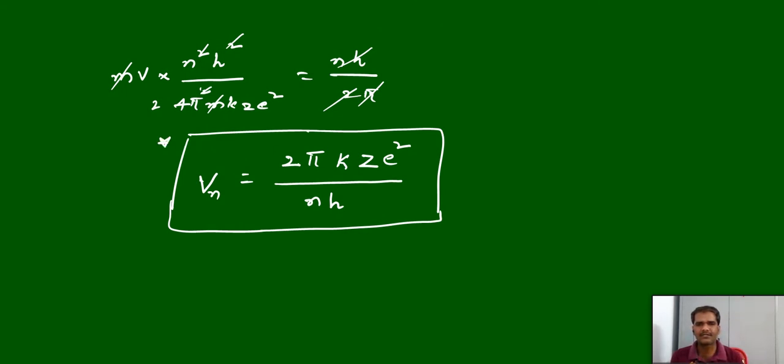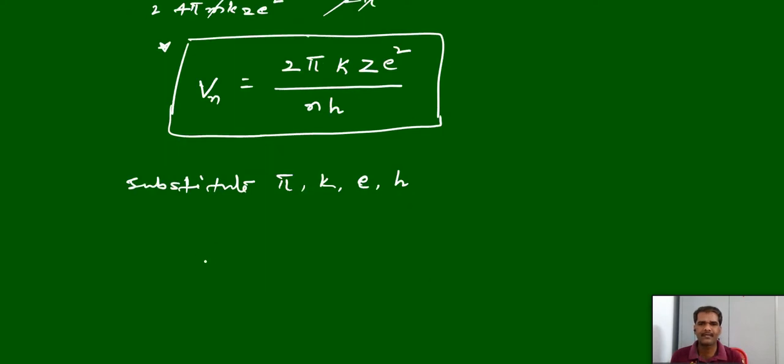Again, if you substitute the known values here, the pi value, k value, Z is the atomic number, e is the charge of the electron, h is the Planck constant, then we will get velocity v is equal to 2.18 into 10 power 8, what is left is Z by n, centimeter per second.